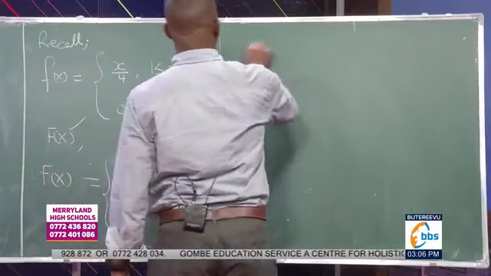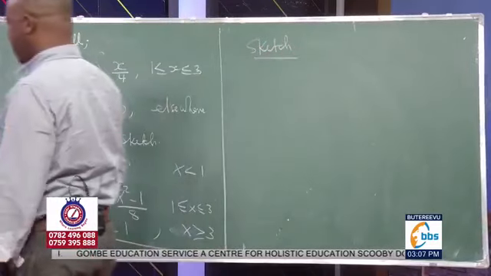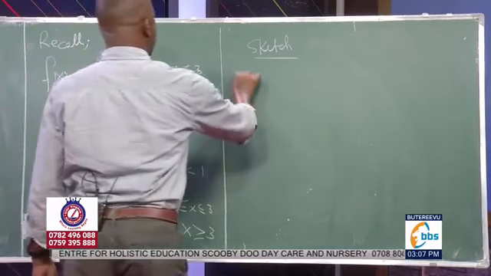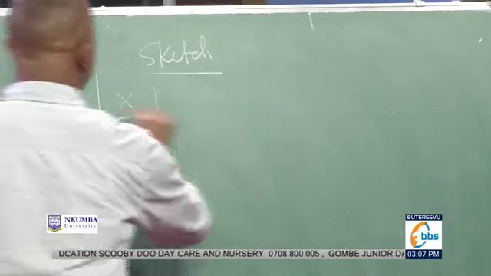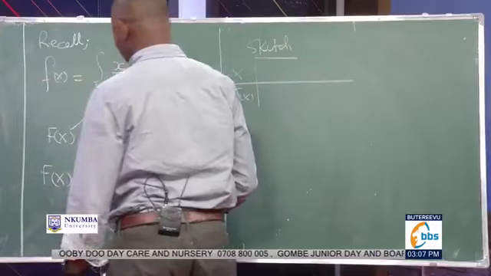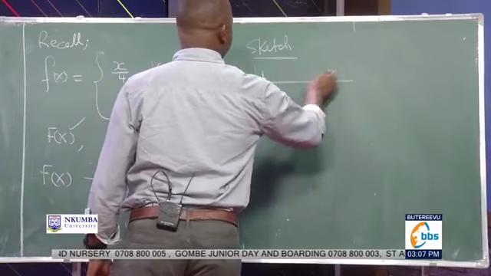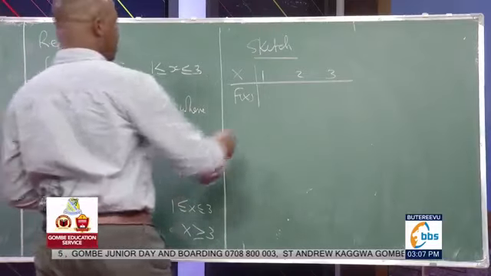Now the sketch that you expected to get from this one should have given you x, f of x. You start with a table and you put in these values of 1. You put in a value in between 1 and 3, say 2.